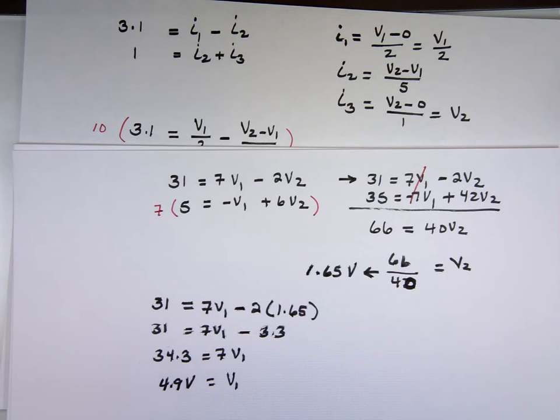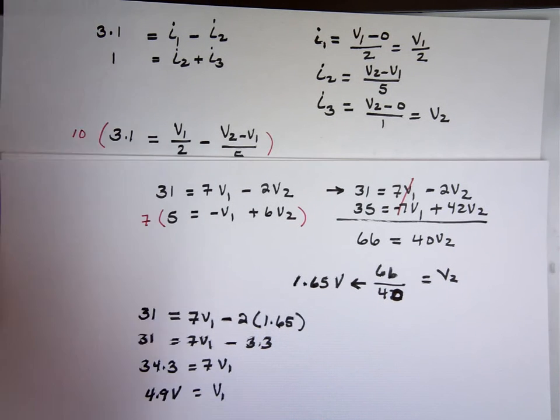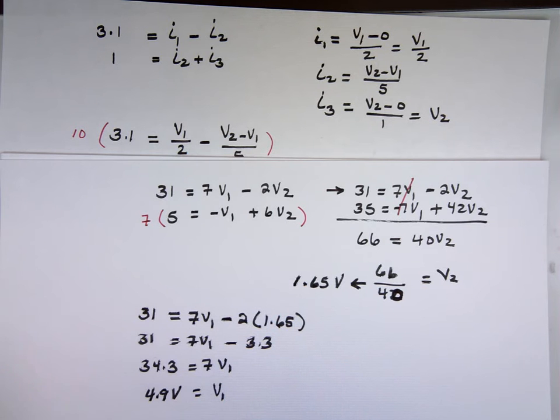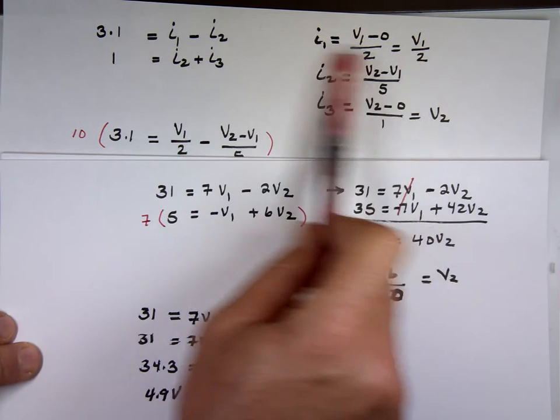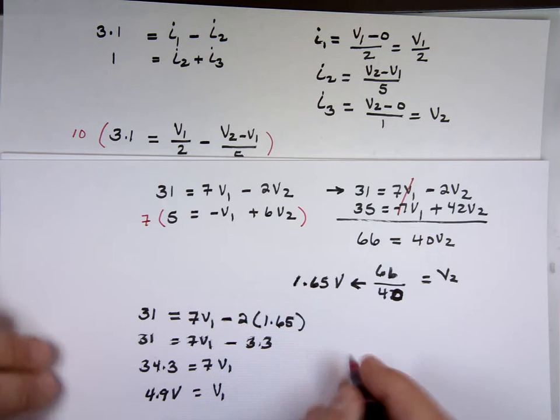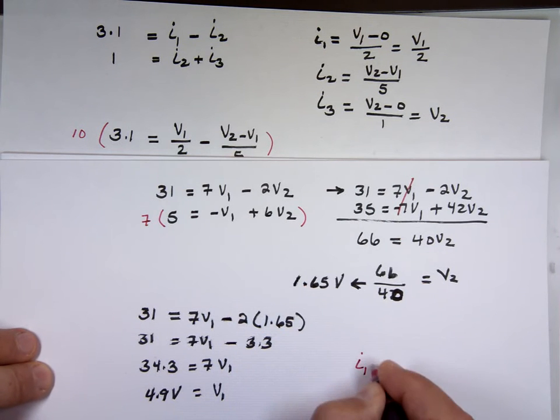So we found the voltage at the top for 1 and 2. If you want to find the current, notice we have it too, right here. We know every single current going through them. You want to find I sub 1? It's V1 over 2.